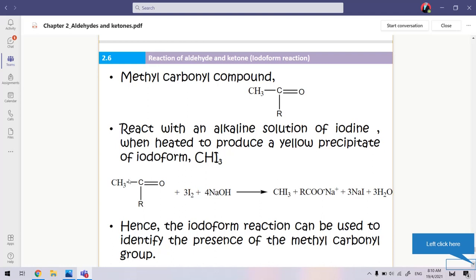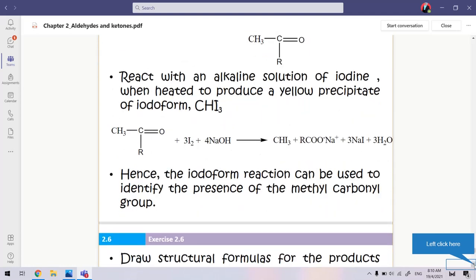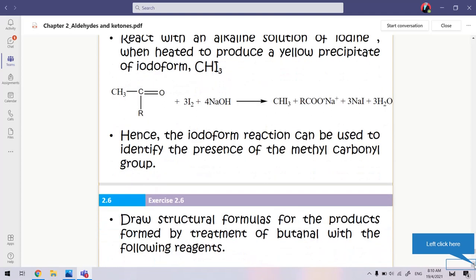Meaning attach to one alkyl group, that is methyl. So then it can produce the yellow precipitate, or iodoform, CHI3. If here is ethyl, and here is also ethyl, then you cannot react with this reaction. It will not give a yellow precipitate. The solution remains unchanged. So make sure your C double bond O is attached to at least one methyl group.